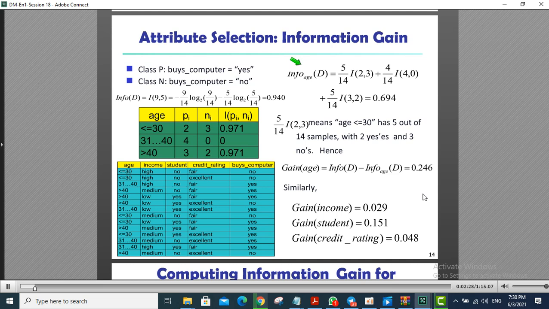So we first started with this classifier, and now we will continue the course.